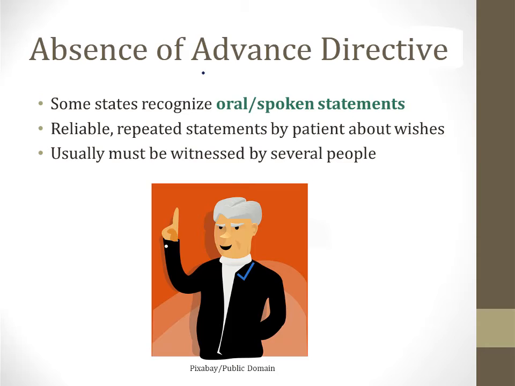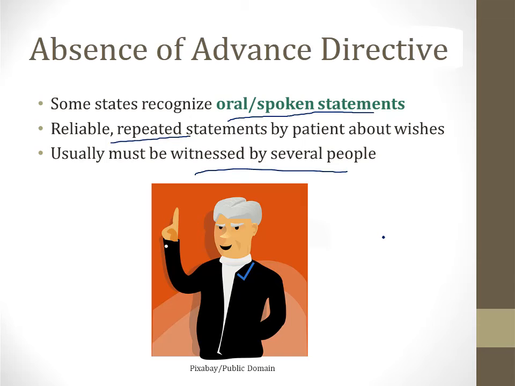Now, what do you do if there is an absence of an advance directive? This often happens in real life. Patients become critically ill and they did not leave instructions for what to do regarding their care. Some states in the US recognize oral or spoken statements as evidence of an advance directive. These must be reliable and repeated statements by a patient about their wishes, and they usually need to be witnessed by several people.